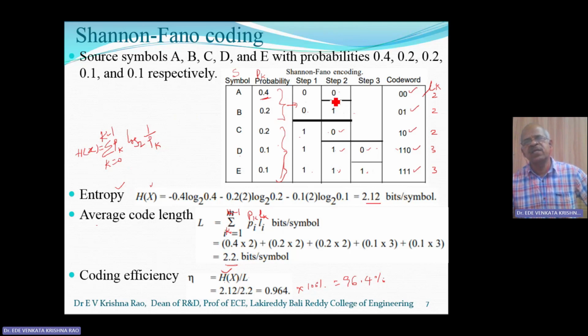Each subset, again upper and lower, is encoded with 0 and 1, and all these bits are assigned to the source symbol. This is how the transmission happens for these source symbols with their binary codes. So this is how Shannon-Fano coding works. Based on the probability, we can get how best the symbols are coded, and we can estimate the coding efficiency.